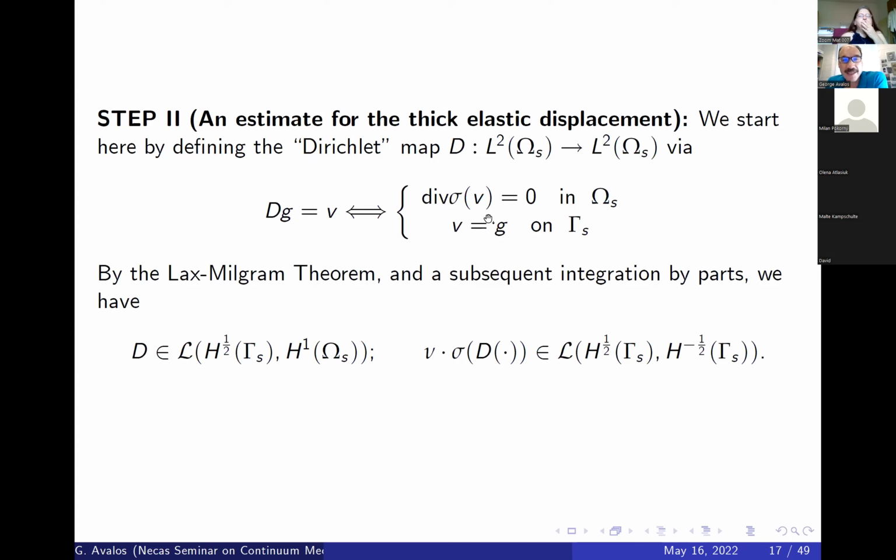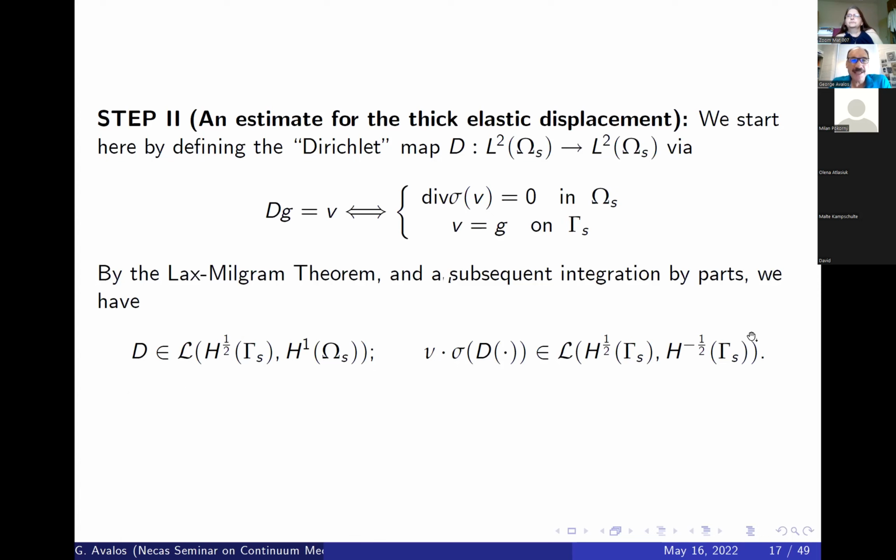Given this underlying ellipticity, it's easy to use Lax-Milgram to obtain this regularity. And after the fact, one can use an energy method to make sense of the flux of such images in the H^{-1/2} sense.